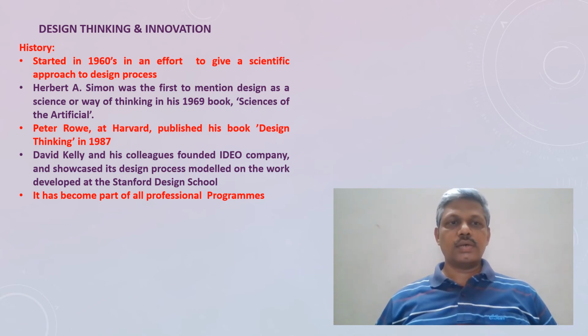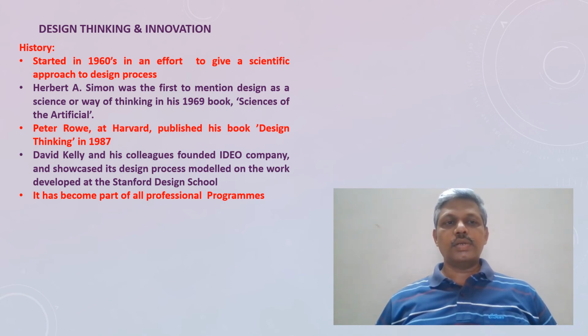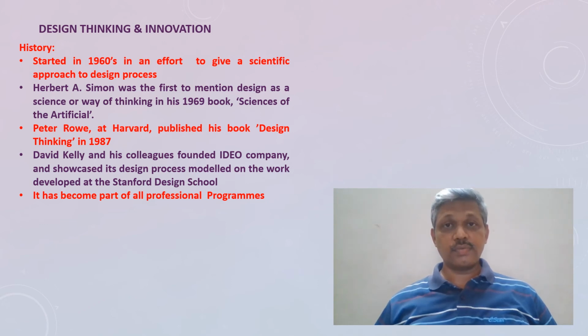Particularly, Herbert Simon was the first to mention design as a science or way of thinking. And he published a book, The Sciences of the Artificial, in 1969. And that is one of the pioneering works on design thinking. And Peter Rowe at Harvard published his book on design thinking, named Design Thinking, in 1987.